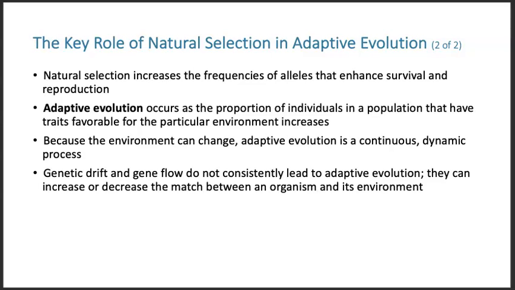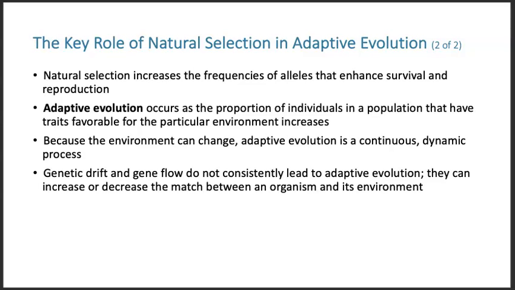Natural selection, as I said before, increases the frequency of alleles that enhance survival and reproduction. Adaptive evolution happens when the individuals with those favorable traits increase in the population, and other traits are decreased, or they leave the population permanently.